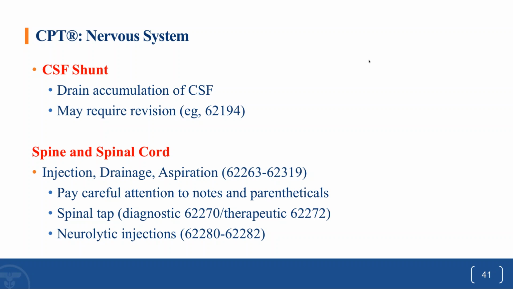So when I turn to this page, I know they're doing something with the shunt. What are they getting ready to do? Replace it, do a revision, reprogramming, remove it altogether, which would be 62256, or are they going to remove it and replace it? If they're going to remove and replace, you only use 62258, because that's removal with replacement. Okay. And that's it for the shunt procedures.